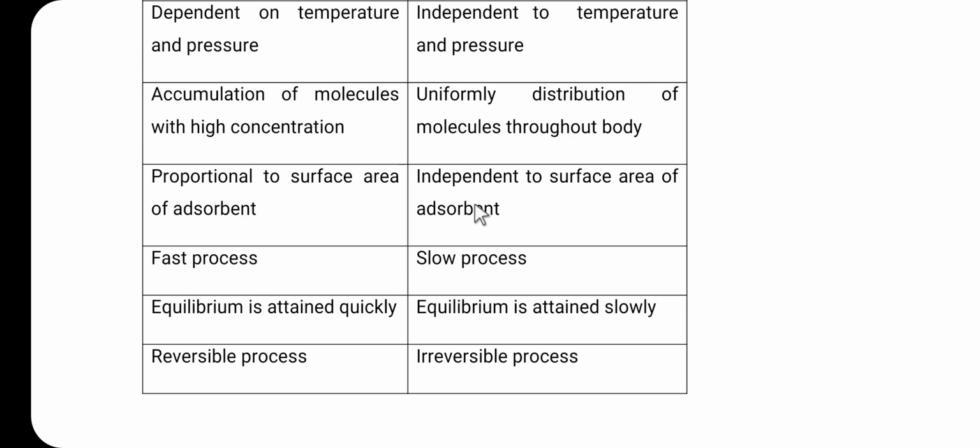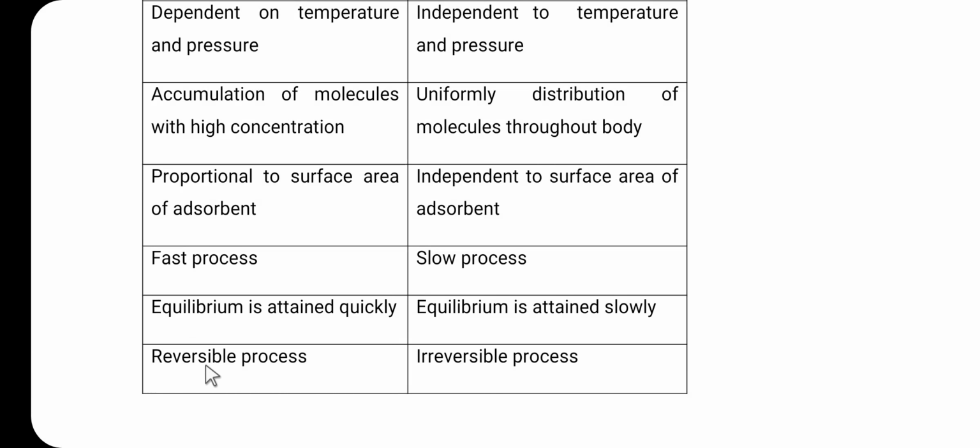Absorption is independent of the surface area. Adsorption is a fast process, while absorption is a slow process. In adsorption, equilibrium is attained quickly, while in absorption, equilibrium is attained slowly. And lastly, adsorption is a reversible process, while absorption is an irreversible process.